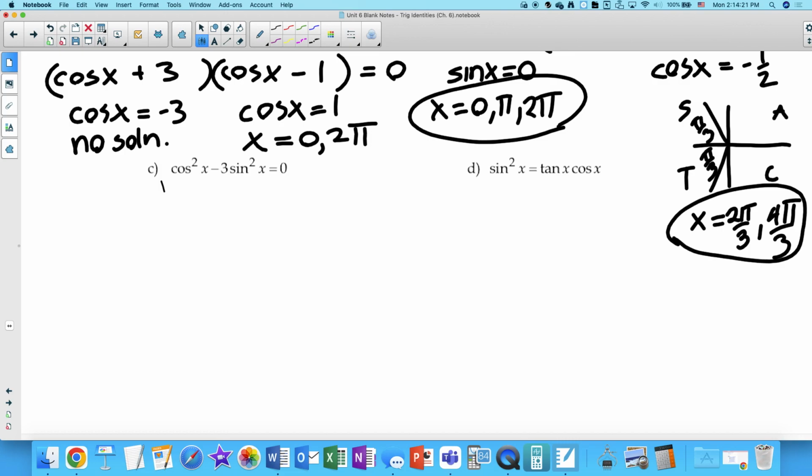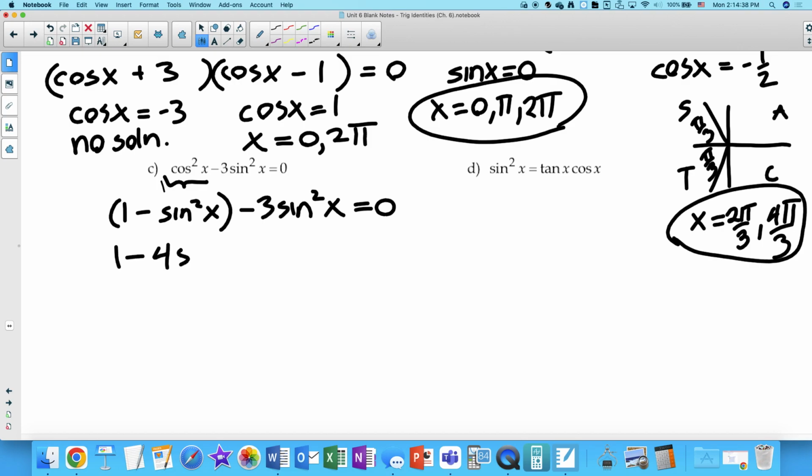So I'm going to take this and replace that with 1 minus sine squared x, and then minus 3 sine squared x equals 0. When I simplify this, I have a total of 1 minus 4 sine squared x equals 0. And this is a difference of squares.